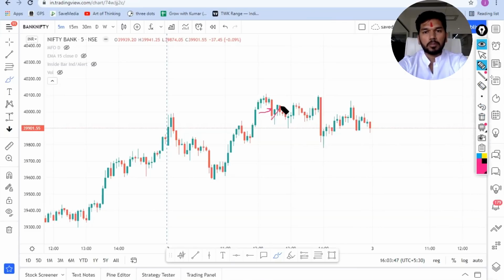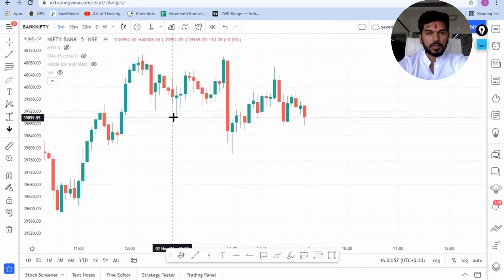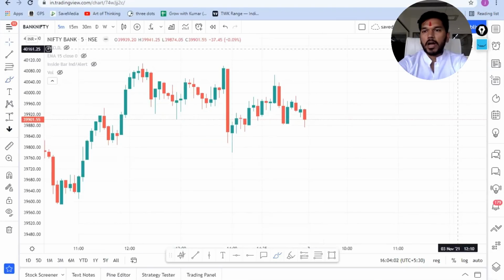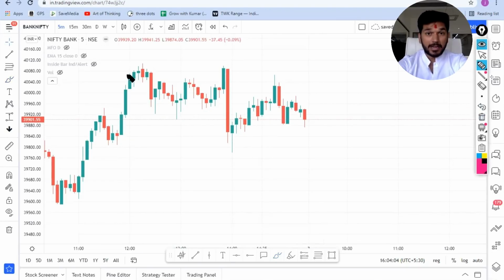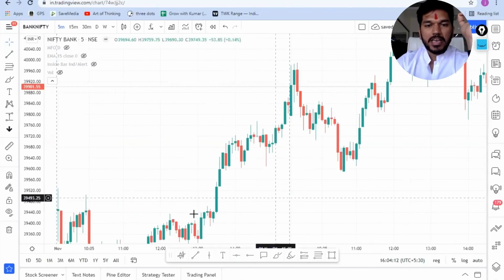So I waited for a pullback, just 50% of the pullback, and I entered somewhere on this particular candle. Now, the question that you might have: did I prefer to do options buying or option selling? I want you to understand one thing, that I would prefer options buying only and only when I have a clear directional move. For example, just like yesterday.